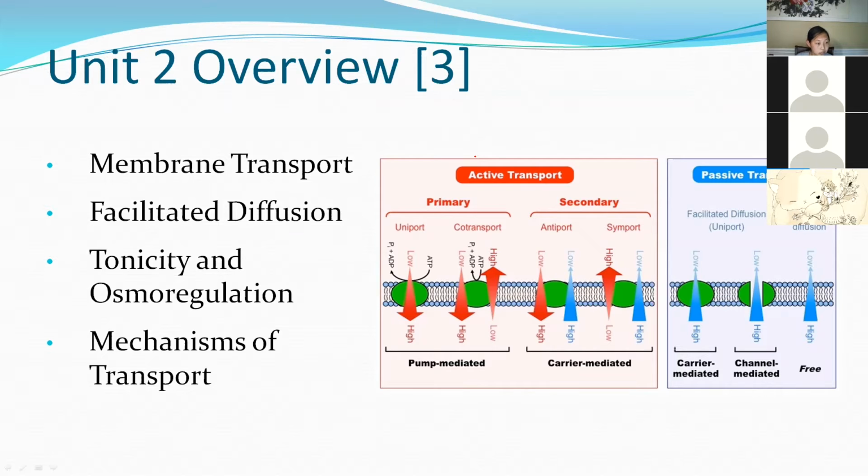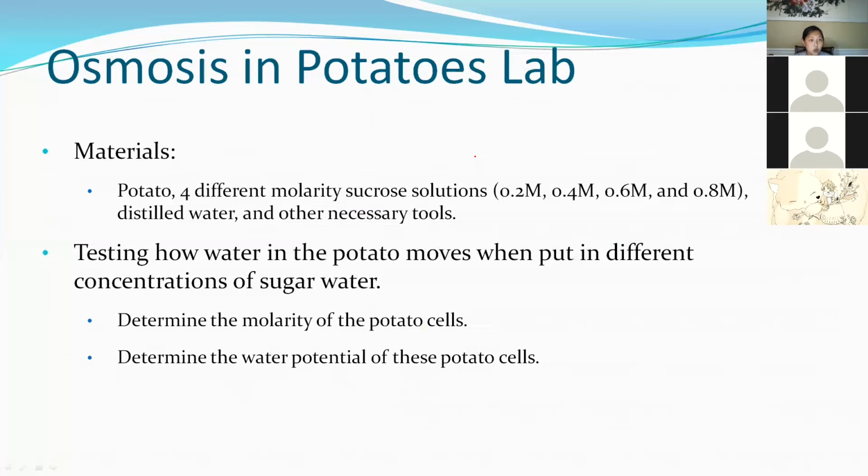Then there's facilitated diffusion. All of these things have to do with diffusion, osmosis, and moving from one side of the membrane to another. I'm not really going to go into detail because I don't think we'll have enough time for that. In this unit, for our class, we did a lab which tested osmosis in potatoes.